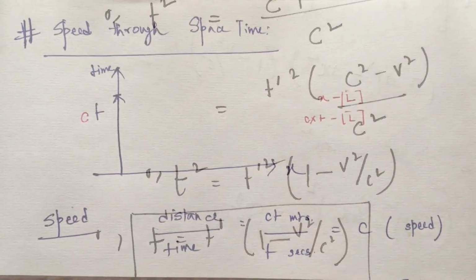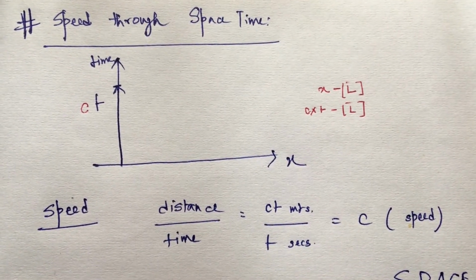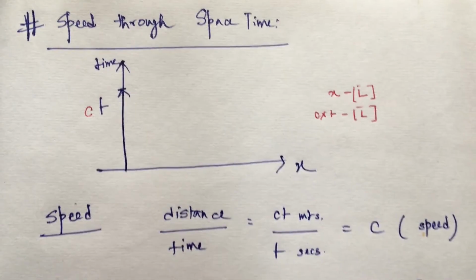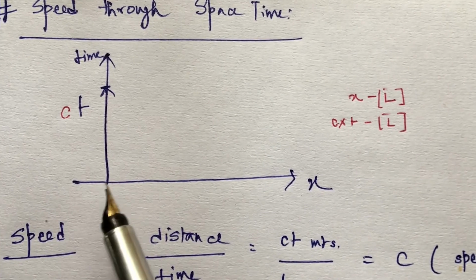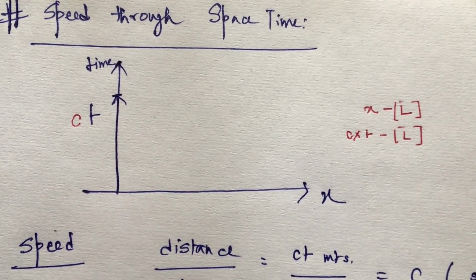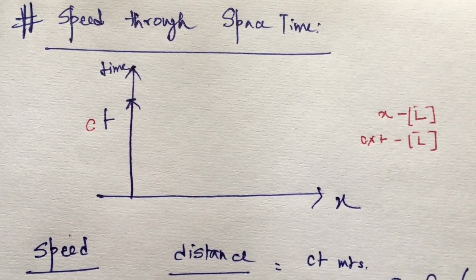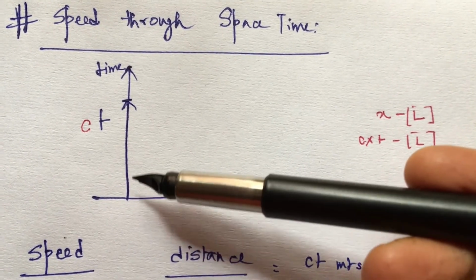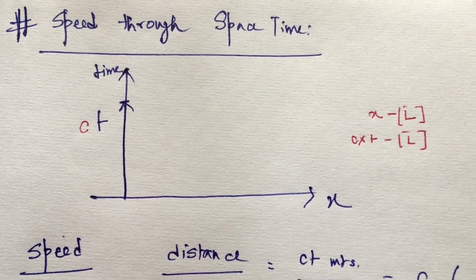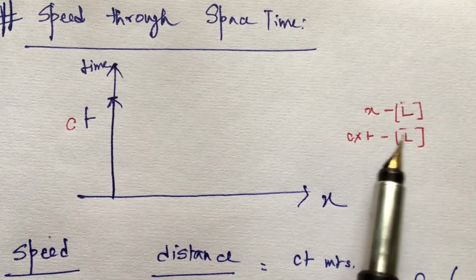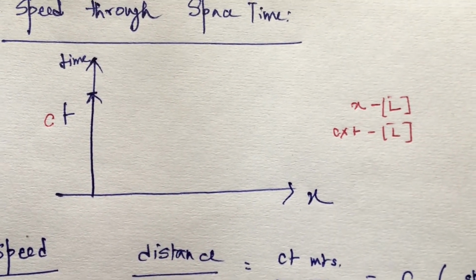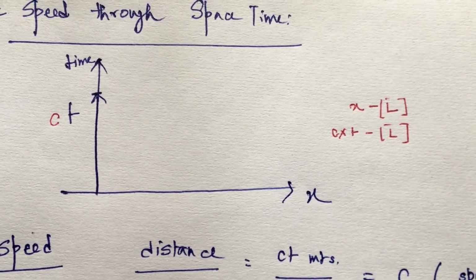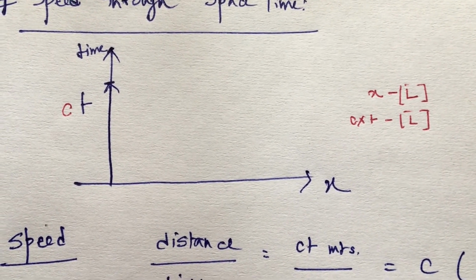Now, what will be the speed through space-time? Suppose I am at this position. I'm not changing my position, but I am moving along only this time axis, and as x has the dimension of length, in order to make t have the dimension of length, I have multiplied t with c.